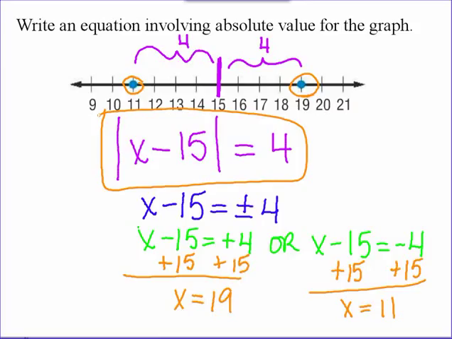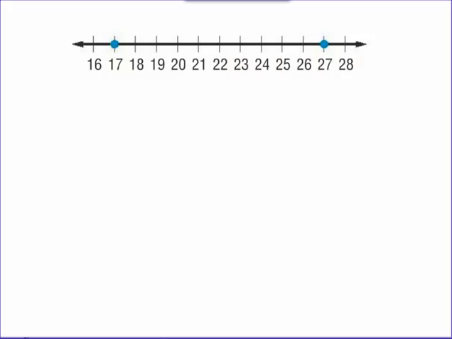So all we need to do is the purple. So let's go ahead and look at another one of those. 17 to 27. Remember, the first thing we're going to do is find the middle. What's the middle, folks? 22. Okay, so there's the middle. Remember, I've got an absolute value sign. That's going to equal something. Remember, I always start inside the absolute value with what?